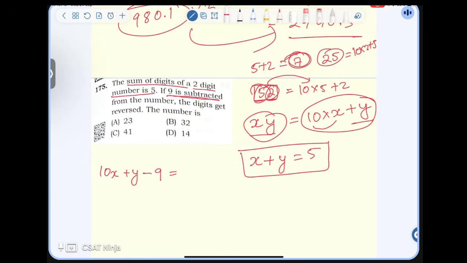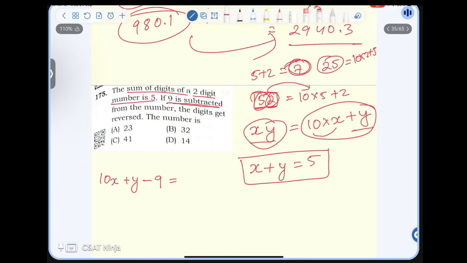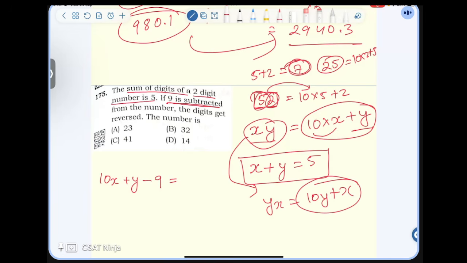So just interchange the place. So now the reverse digit for this one will be yx, which is 10y plus x. Because x and y are interchanging their place. If you have 52, the reverse digit of 52 is 25. So 1's digit becomes 10's digit and 10's digit becomes 1's digit.